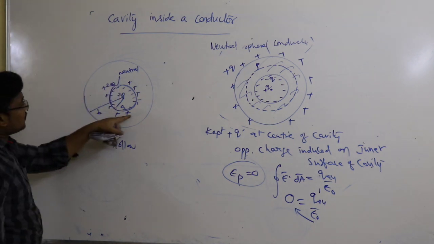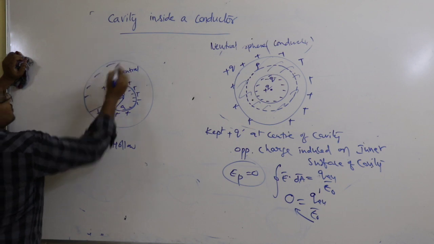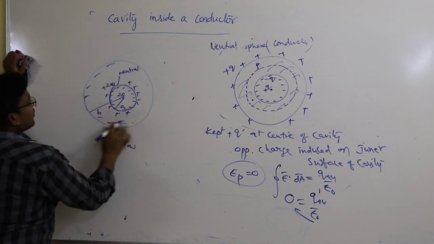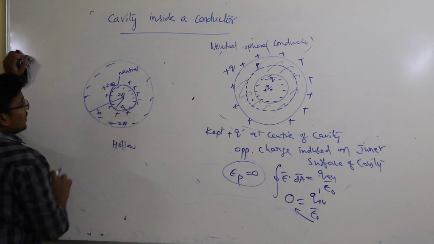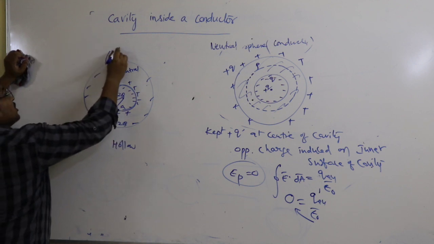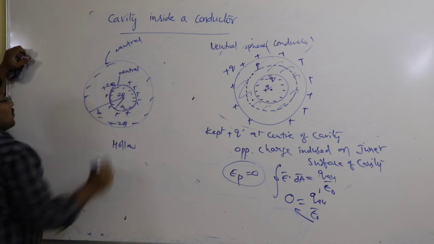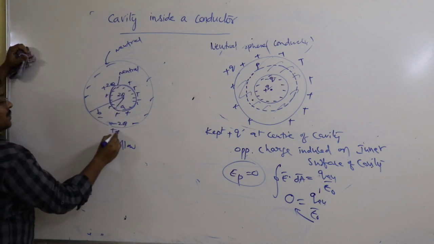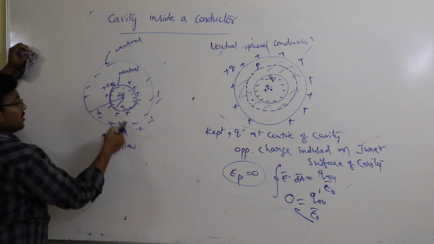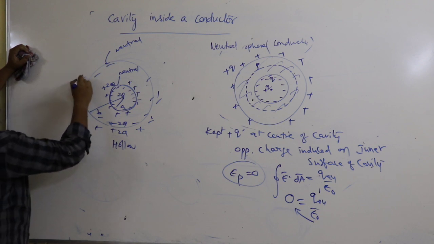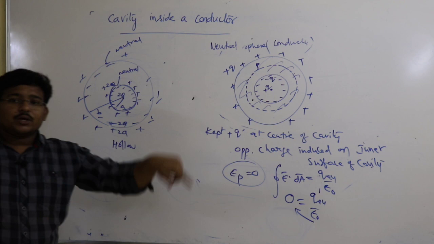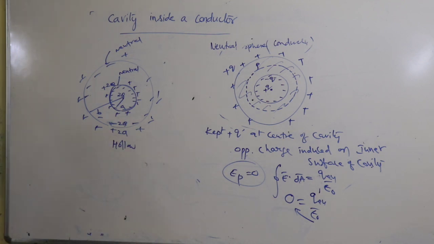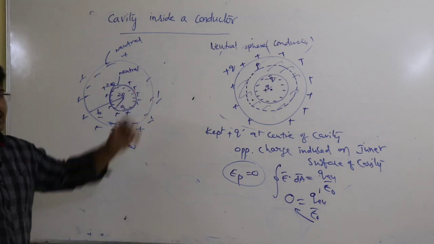And again due to this plus 2q, here minus 2q will be created. And again this is neutral. It is minus 2q, which means here plus 2q will be created, so that the sum will be 0. So this is how charges will be induced on the hollow spheres or conductors.